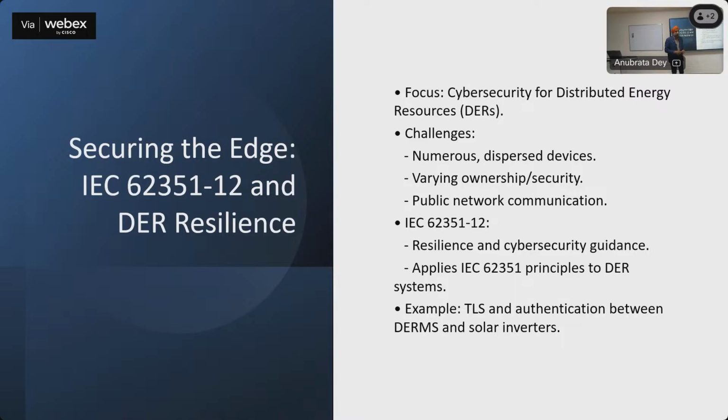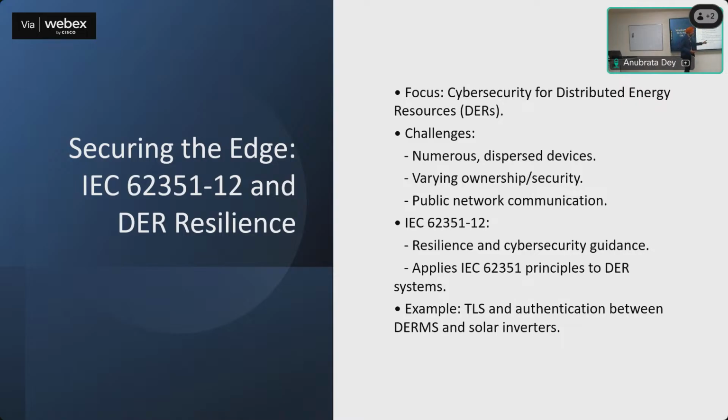Now you can just imagine how many DERs we are talking about and how would you secure that? Because they all communicate, right? And over the public network. So part 12 of this standard tries to specify how you will provide security for DERs.